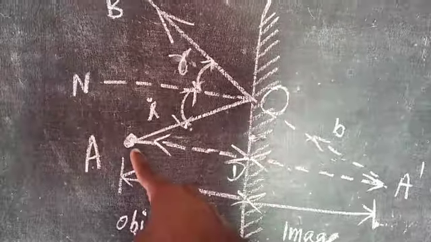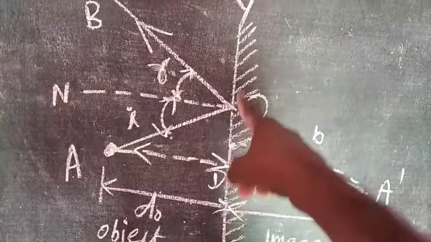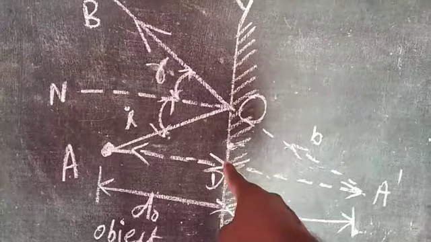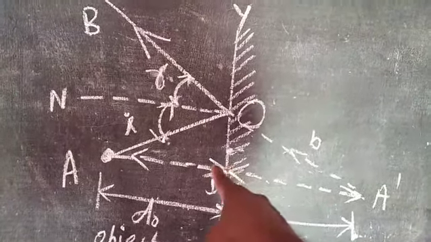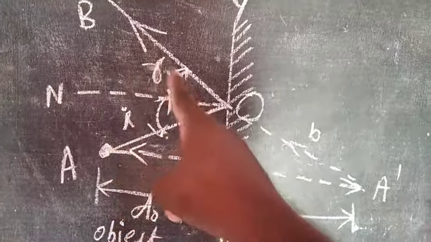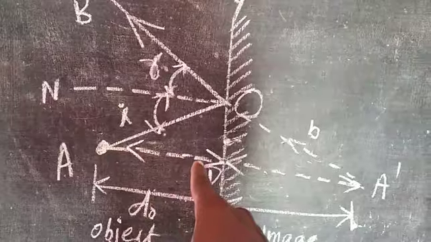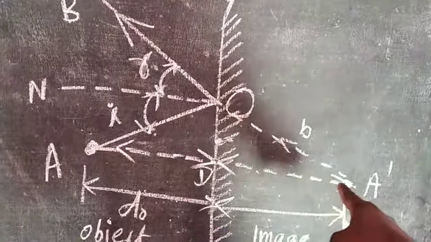So another ray AD is incident normally at a point D on the mirror. It travels back along DA. So BO and AD, extended backward, meet at a point A prime.